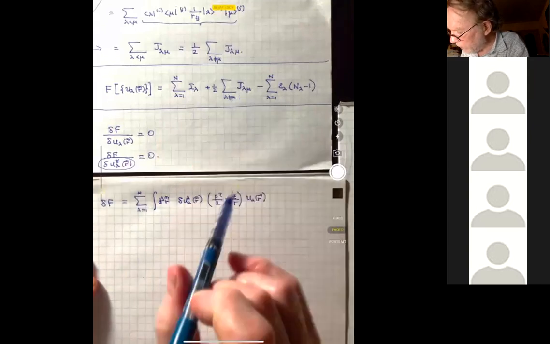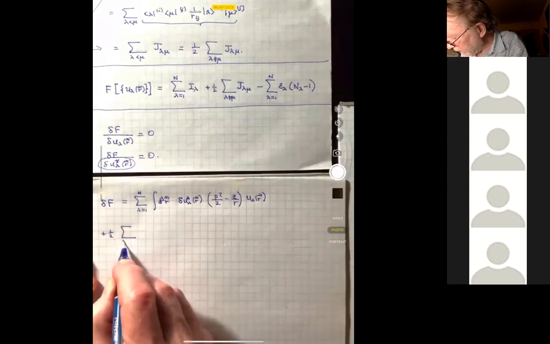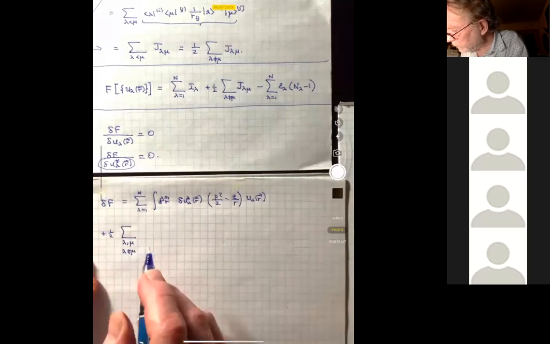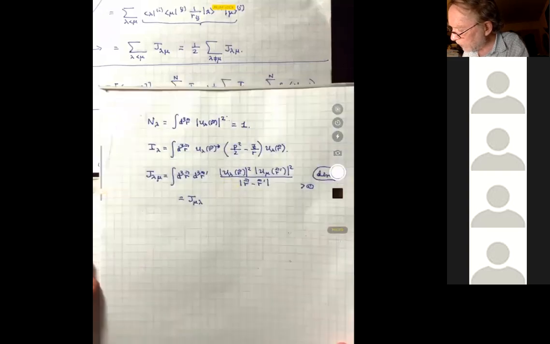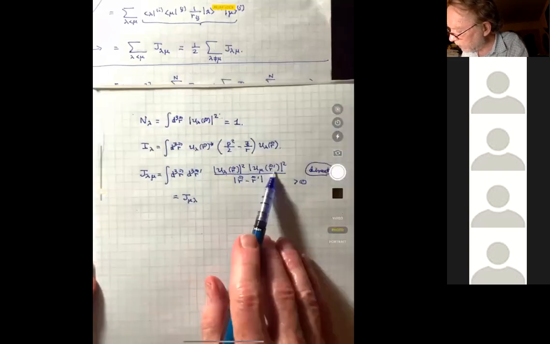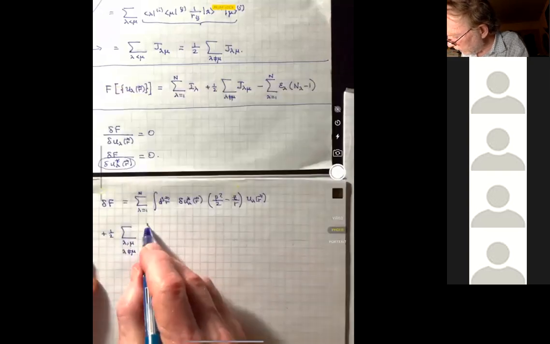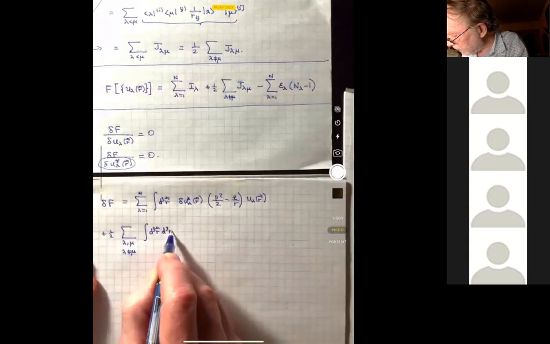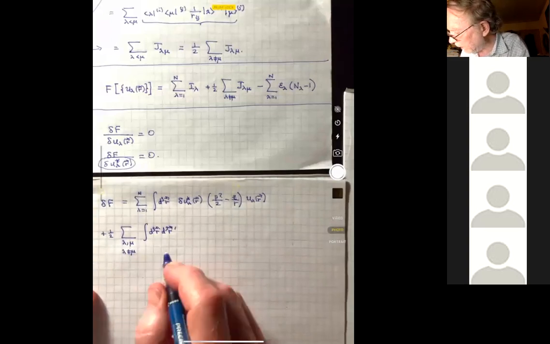Then for the J term, we're going to have plus 1/2, the sum on both lambda and mu, subject to the constraint that lambda is not equal to mu. Now, when we vary the starred u's in J lambda mu, there are going to be two terms coming from these two squares. So we get an integral d cubed r prime. I'm writing this out in some detail because I'm afraid you'll be confused about calculating functional derivatives if I don't do it this way.